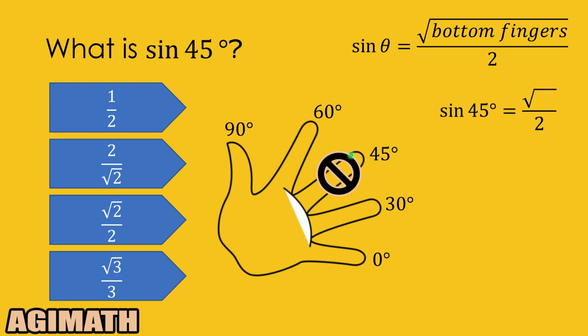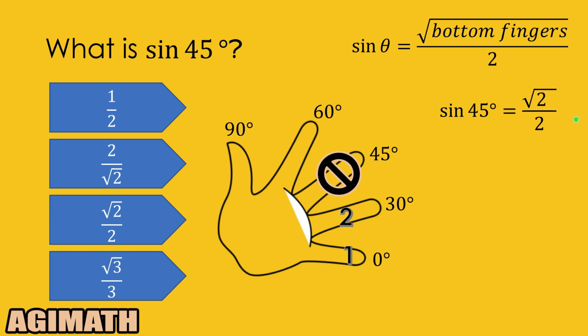So now we have sine 45, because we are looking for the value of sine 45. That is equal to the square root of the bottom fingers. We count how many fingers are below the finger that we hold on. They have 1 and then 2. So we write 2 inside the square root sign, and then we simplify if it can be simplified.